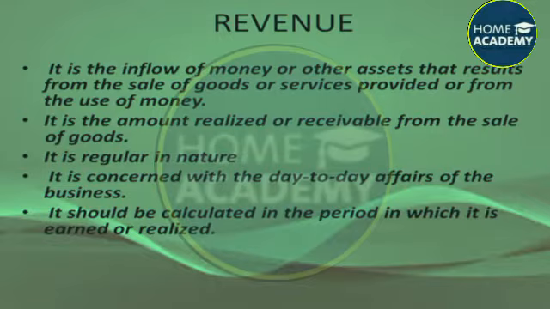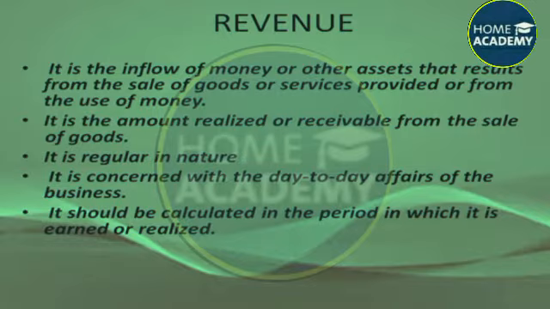Next accounting term is revenue. Revenue constitutes the inflow of money or other assets that results from sale of goods or services provided or from the use of money. So, it is the amount realized or receivable from the sale of goods.